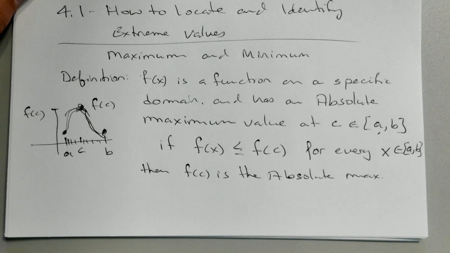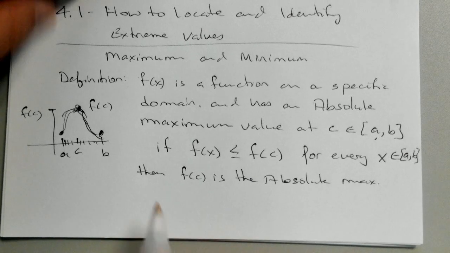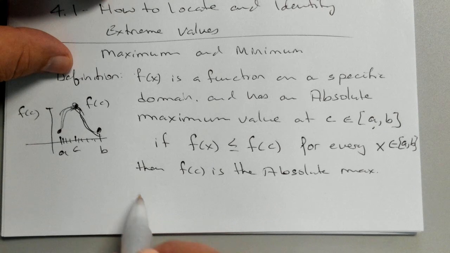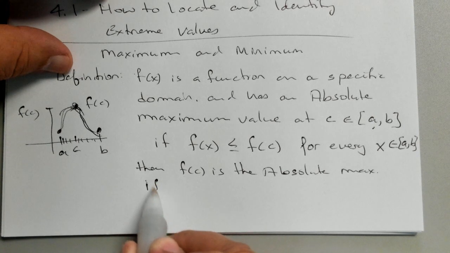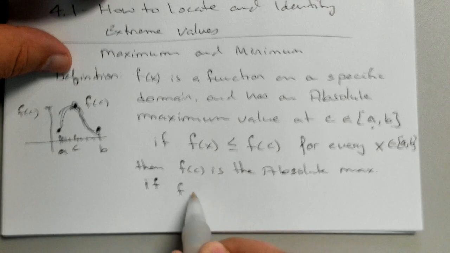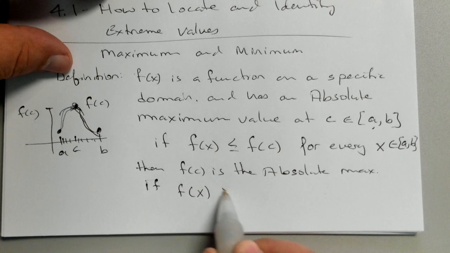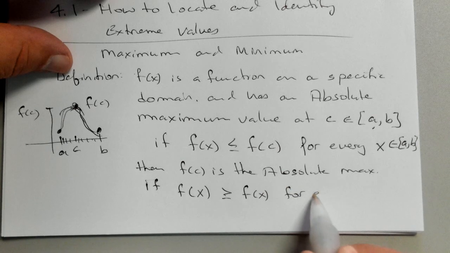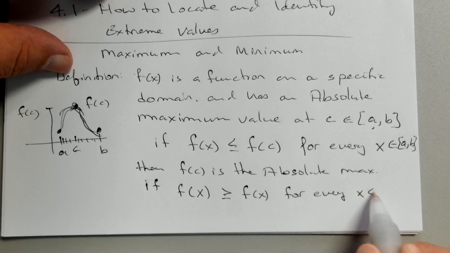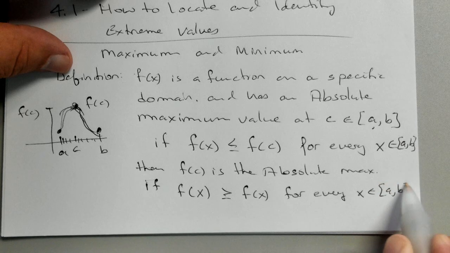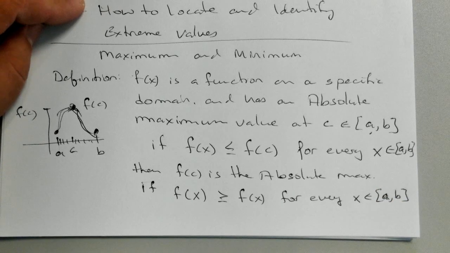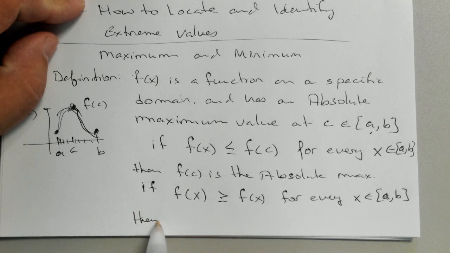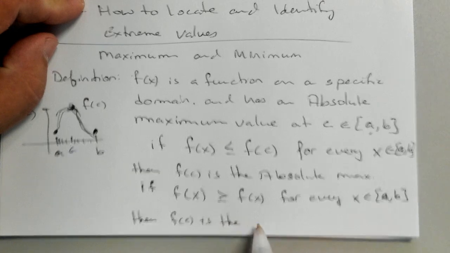Conversely, what would you think the absolute minimum is? If f of x is greater than or equal to f of c for every x in the domain AB, then f of c is the absolute minimum.